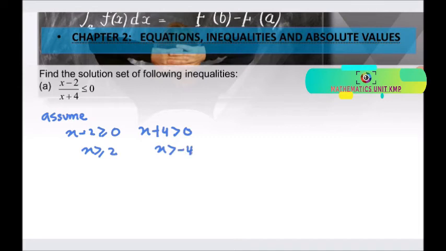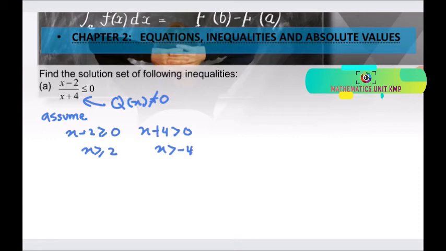For the denominator x plus 4, we cannot include the sign equal here because the denominator cannot be 0. So we just take x plus 4 greater than 0.